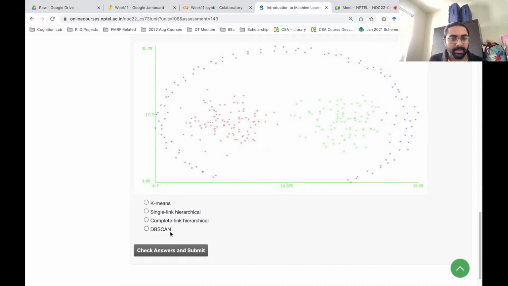So I was thinking that DBSCAN could work because all of these points could become core points under some value of EPS.